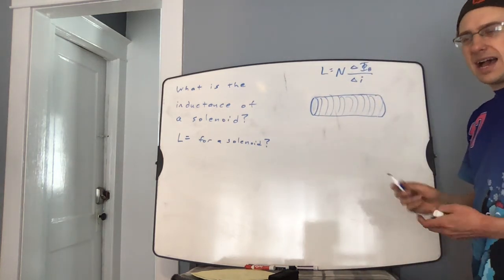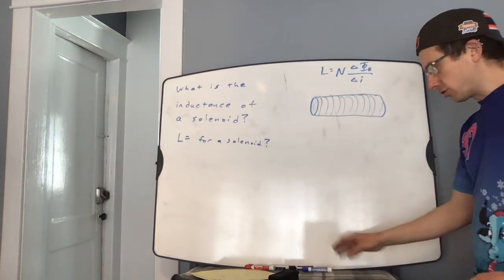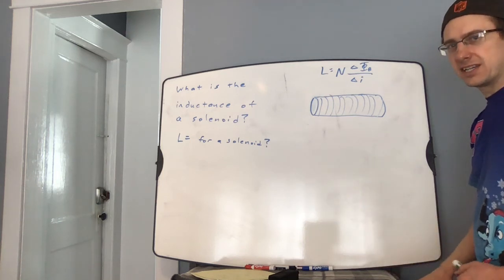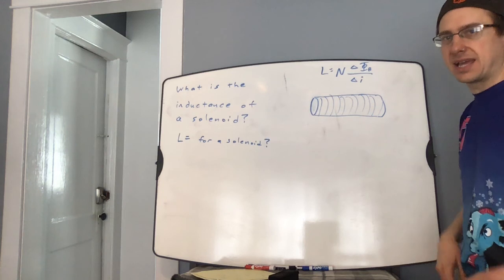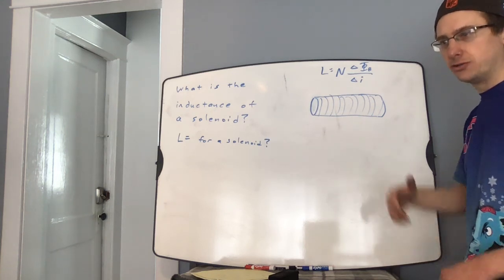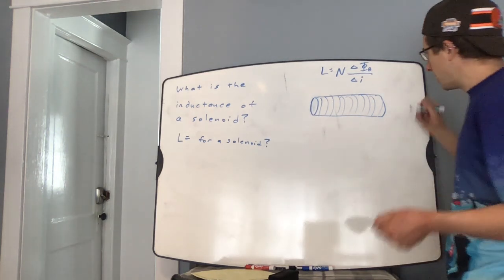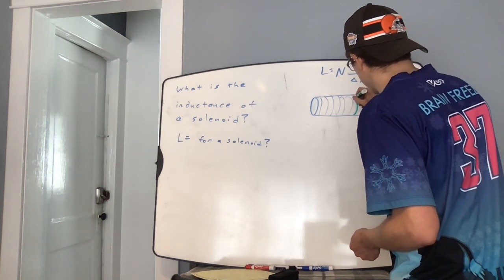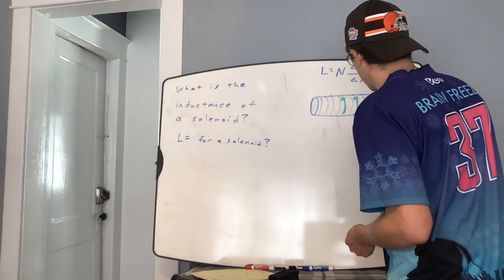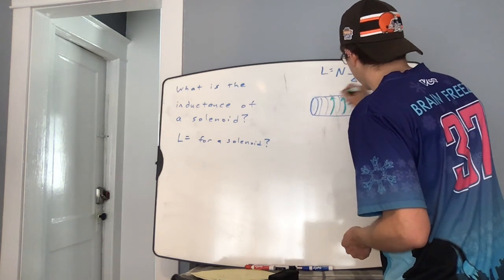And when I send electrical current through the solenoid, the electrical current will go around the solenoid and create a magnetic field through the center of the solenoid. So I send electrical current this way through the solenoid. Here is my I.